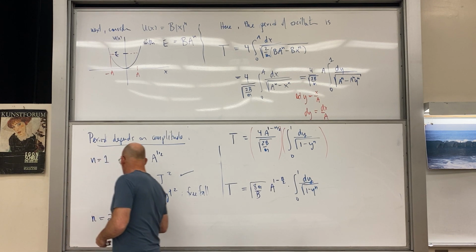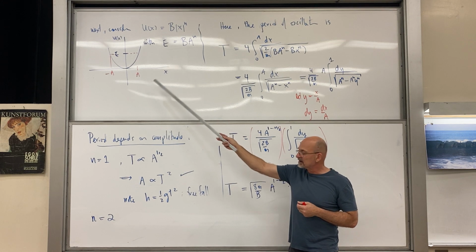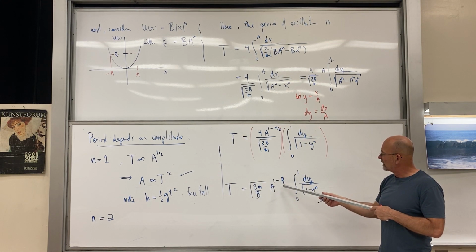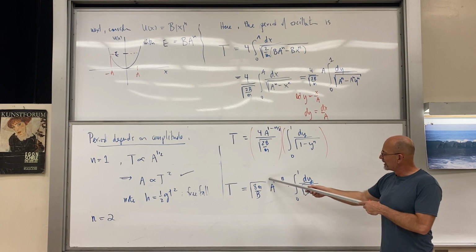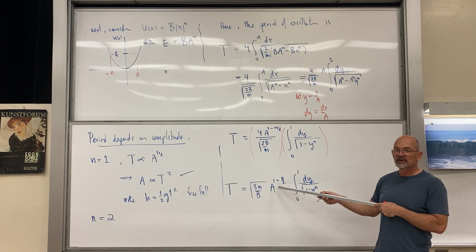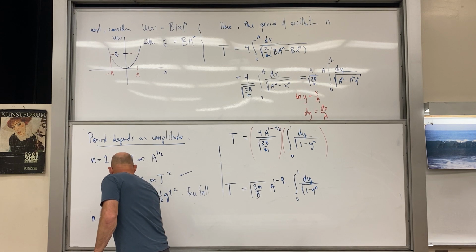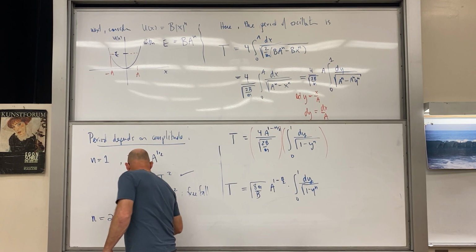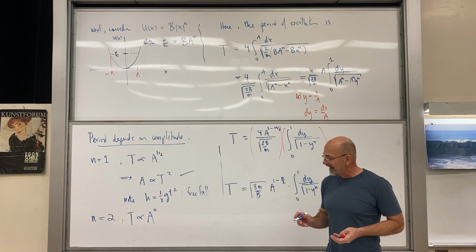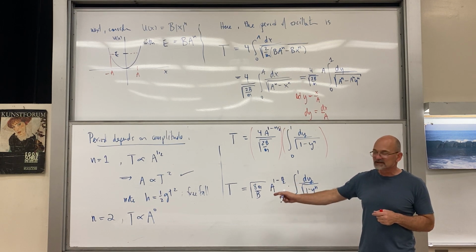N equals 2. So for n equals 2, that's the actual parabola. And for n equals 2, 1 minus 2 over 2, you have 1 minus 1, you have t is proportional to amplitude to the 0th power. Well, that's another way of saying the period is independent of the amplitude, and those are our actual so-called harmonic oscillations.